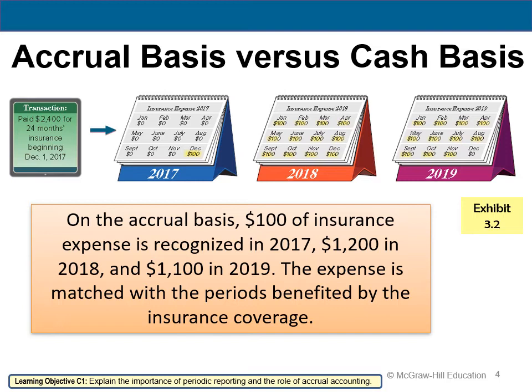So to further illustrate this, let's take a look at an example. A transaction: the company paid $2,400 for 24 months of insurance, so a 2-year insurance policy, starting December 1st, 2017.